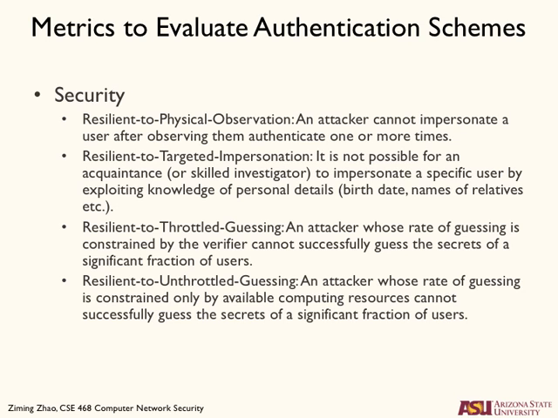Another security feature is called resilient to targeted impersonation. Basically it says it's not possible for someone who knows about you to impersonate you by exploiting knowledge of your personal information, like a birthday or the names of your relatives. This is based on the study of text-based passwords and also PIN numbers.